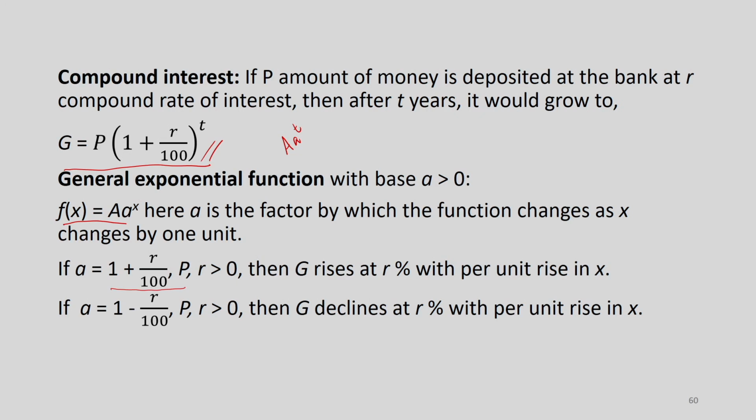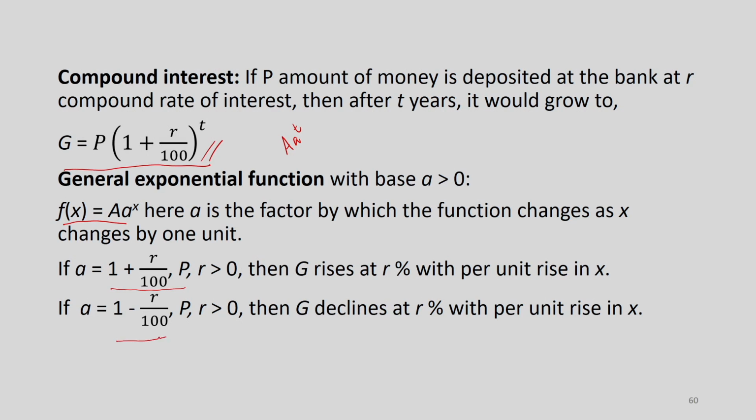So, instead of rising, if it is declining, if you are considering a negative interest rate, then A is expressed as this 1 minus R divided by 100, and here R is positive, P is positive, then G is declining at R% per unit rise in x.